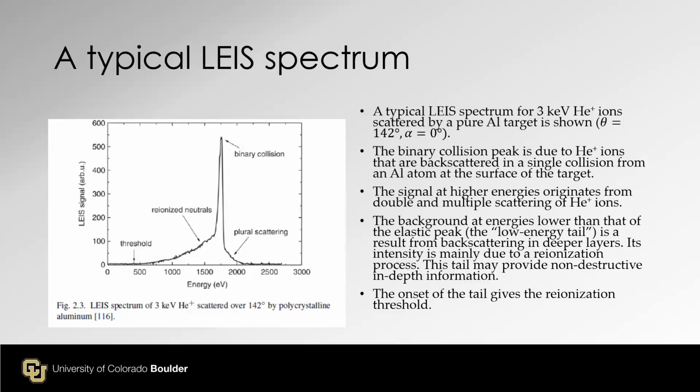Okay, a typical LEIS spectrum looks like this on the left side. The most important feature in the spectrum is the binary collision peak. If you see the peak in a LEIS spectrum, that means this particular atom, this time it's aluminum, should exist on the outermost surface layer, period.